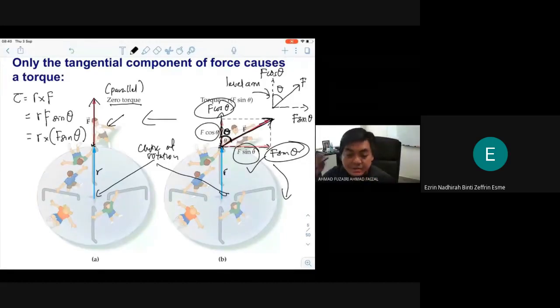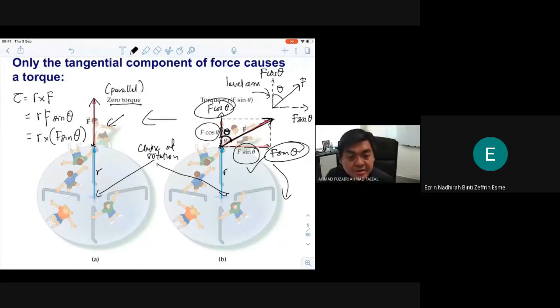Dengan cerita ya. Kalau dalam work dulu, W equals to FD. We always get the component of force that is parallel to the displacement. Sebab W equals to FD, kalau kita buka dia, jadi FD cos theta.